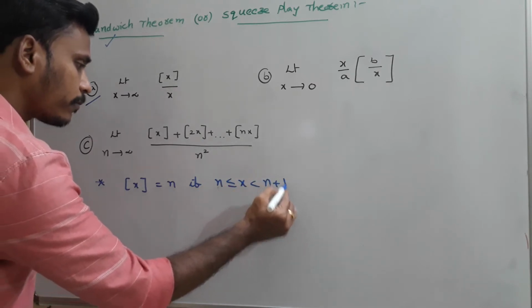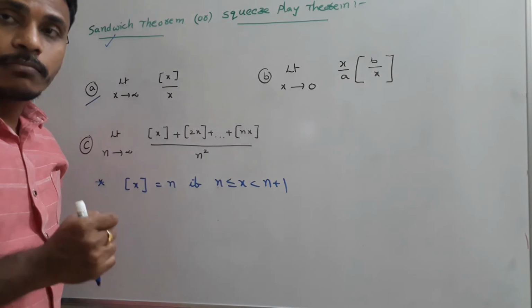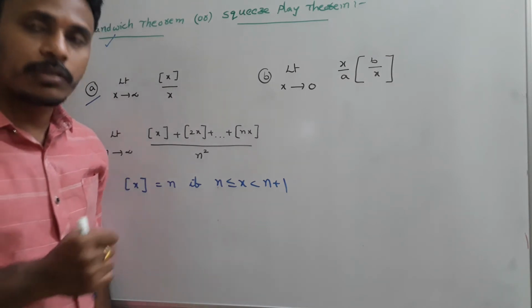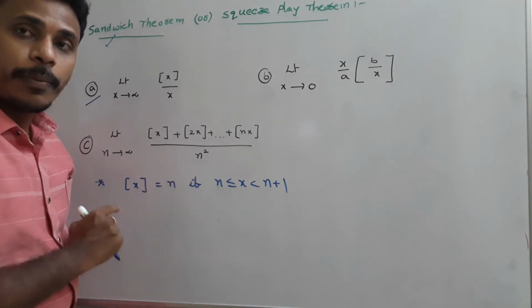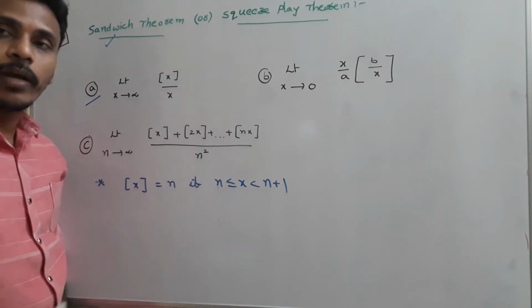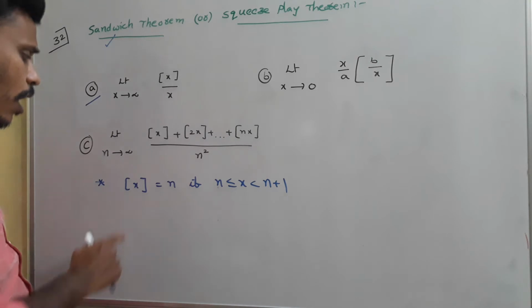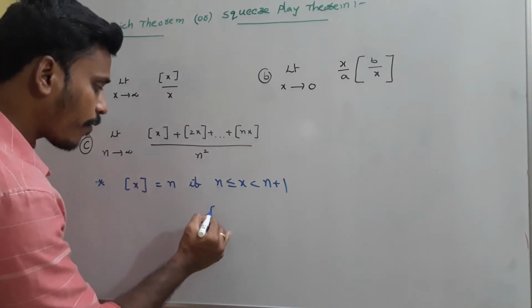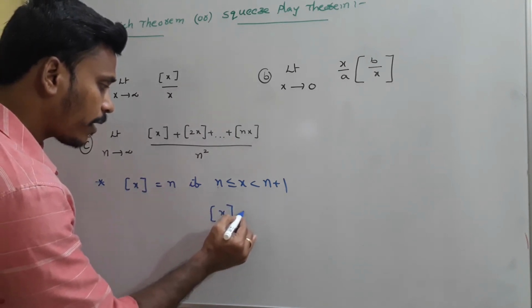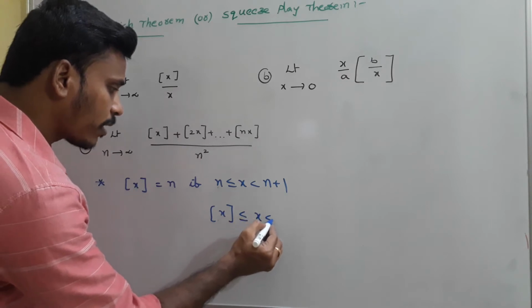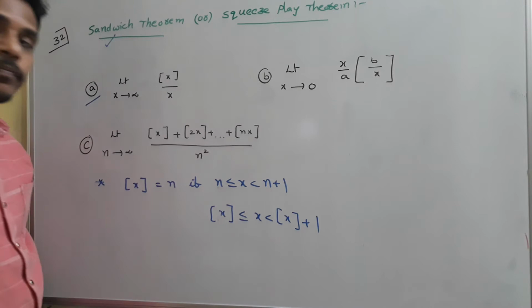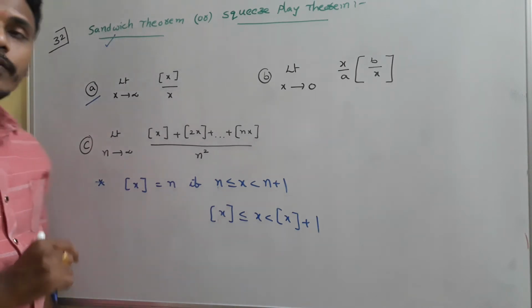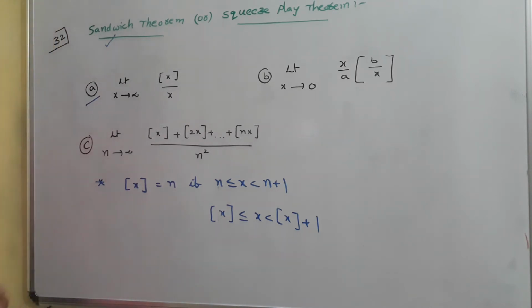If x is a number in between any two integers, then floor x is n. So floor x is n if n is less than or equal to x, less than n plus 1. Now when you replace n with floor x, we have the inequality: floor x is less than or equal to x, less than floor x plus 1.